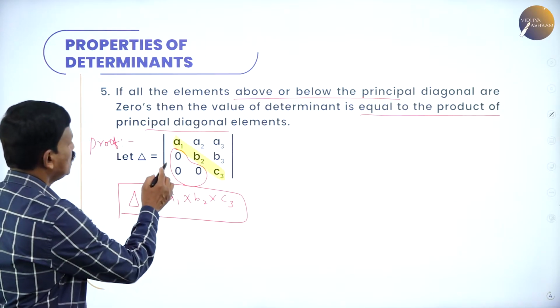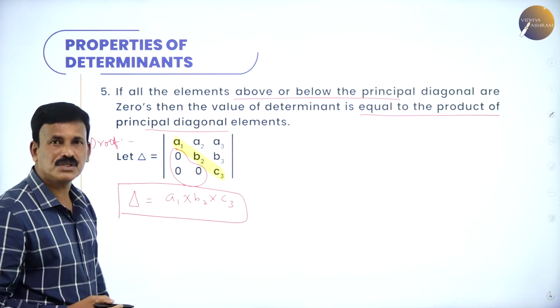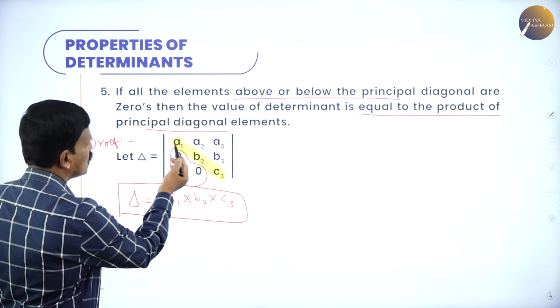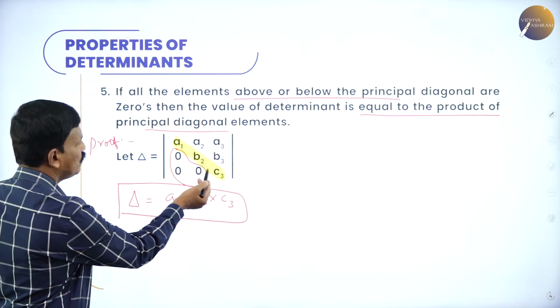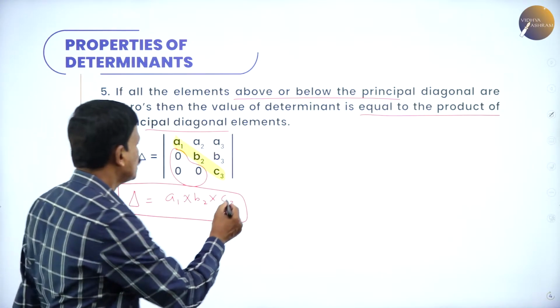So all the elements below the principal diagonal are 0. Therefore, the value of this determinant is equal to the product of the principal diagonal elements, a1 into b2 into c3. Let us verify this.